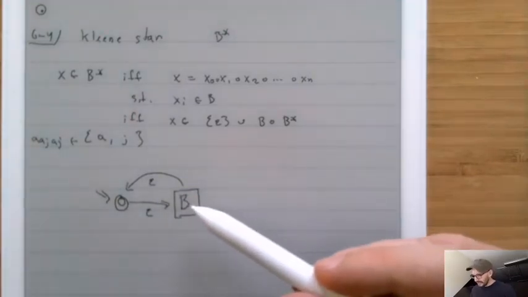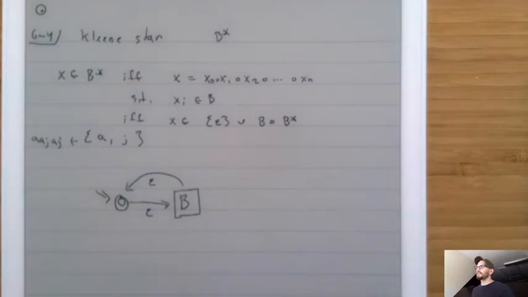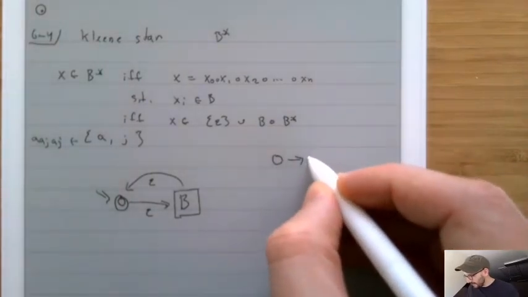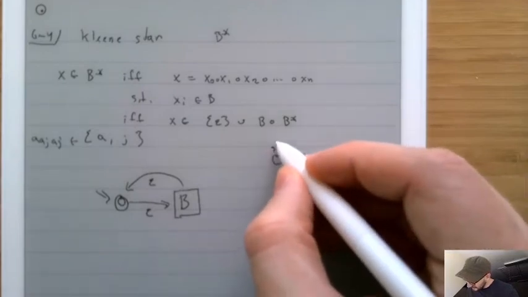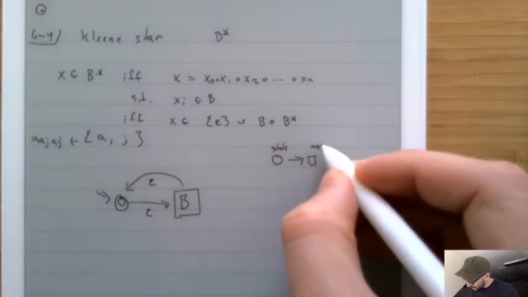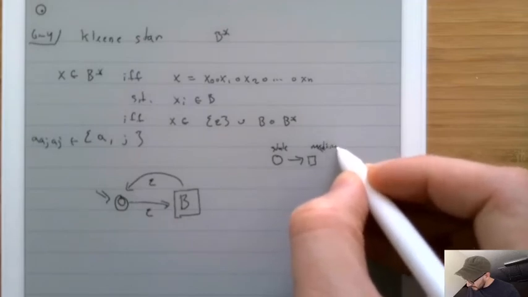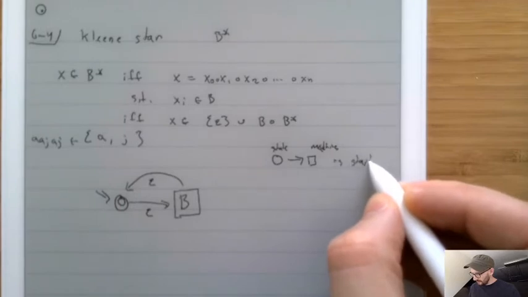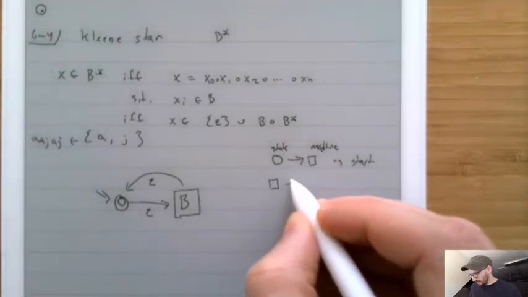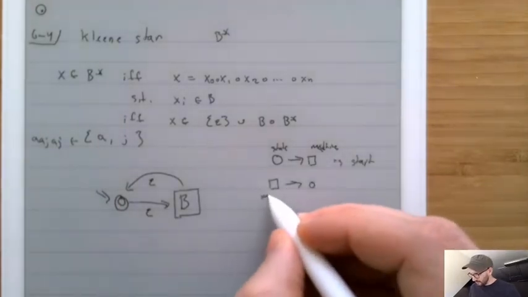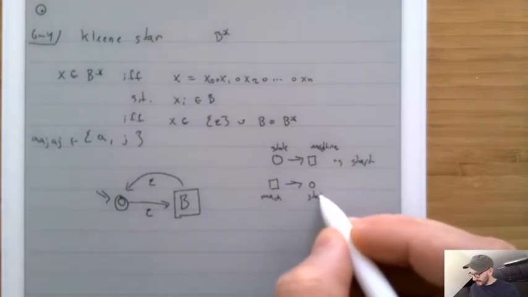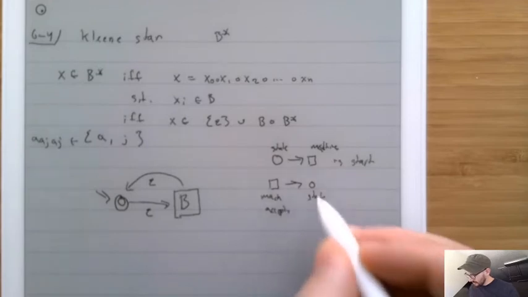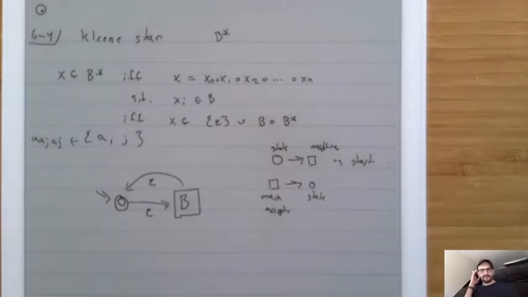Notice that here I'm abstracting a bit where I'm just drawing a box. What I mean by that is that if we have a circle that is pointing at a box, that means this is a state, and this is a machine, and we would say that this state goes to this machine's start state. And if we have a box that's pointing to a circle, then that means we have a machine pointing to a state, and we mean that this machine's accepting states go to that state.